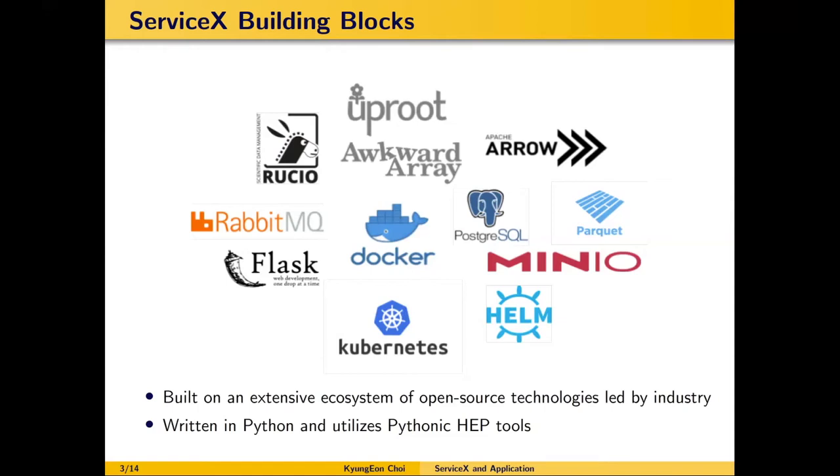For example, each microservice of the ServiceX backend is built as a Docker container, and ServiceX is deployed to a Kubernetes cluster, which orchestrates containers. It also employs somewhat familiar tools like Rucio to access data on the grid, and Pythonic HEP tools like Uproot and automatic differentiation.